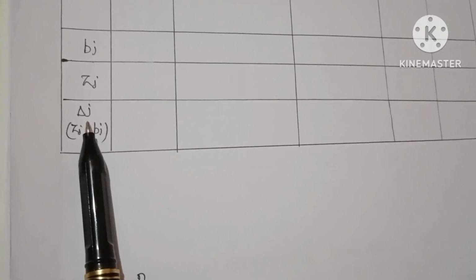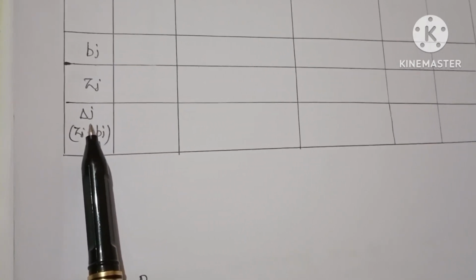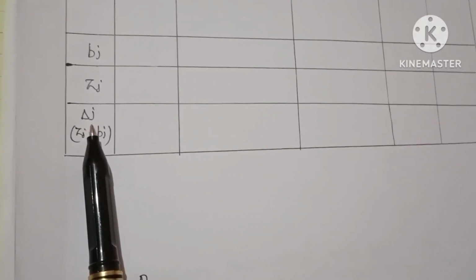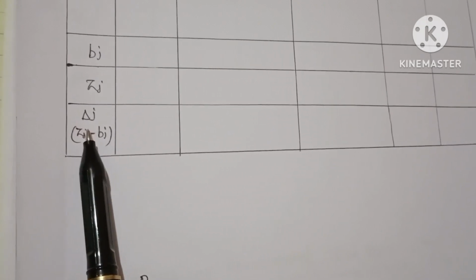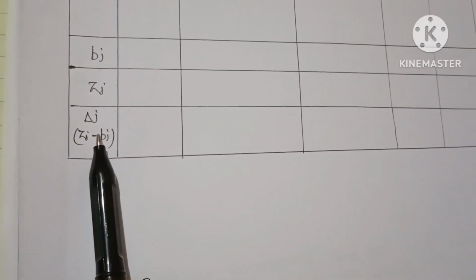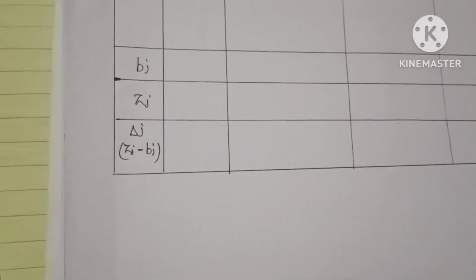Then this represents the optimality testing, or it is the net evaluation row, or you can say the indicator row. It can be calculated in two ways. So how can we calculate it?